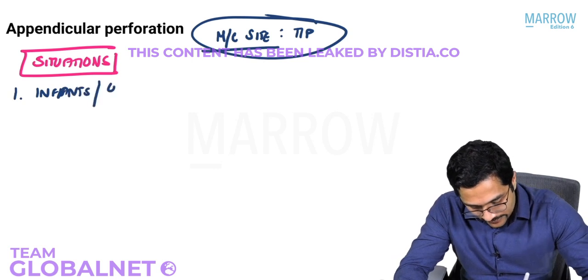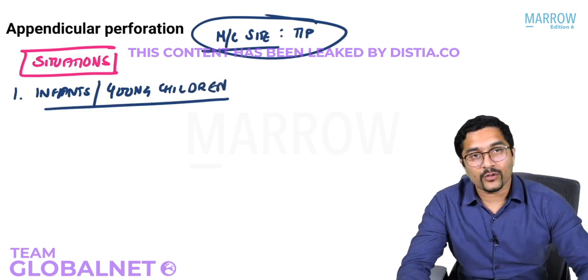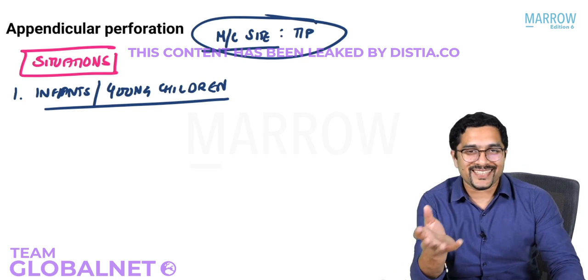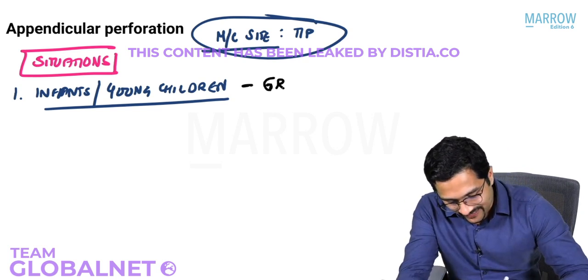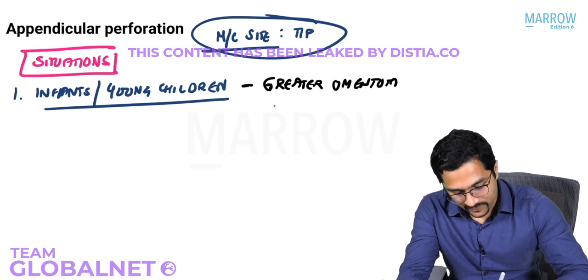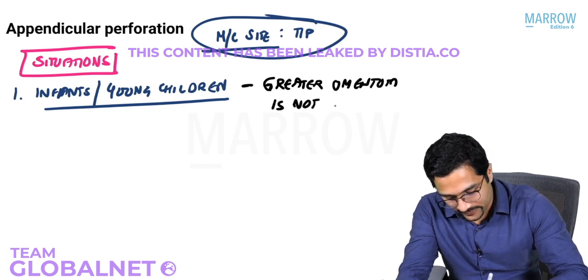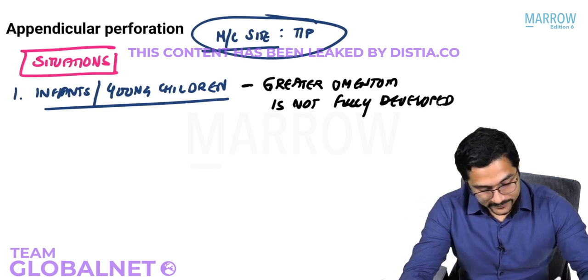Why does it happen in them? Because the greater omentum is not fully developed. The policeman is still under training, so it cannot do its job properly and the appendix can perforate.